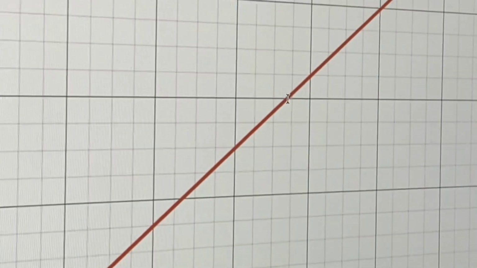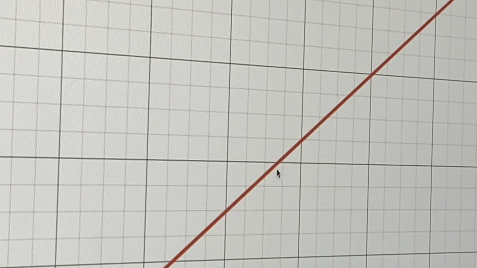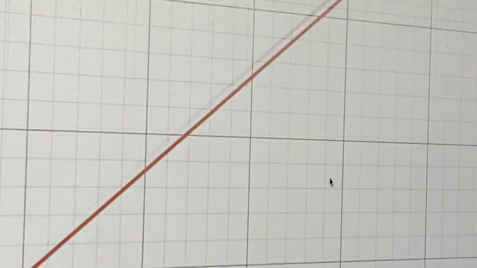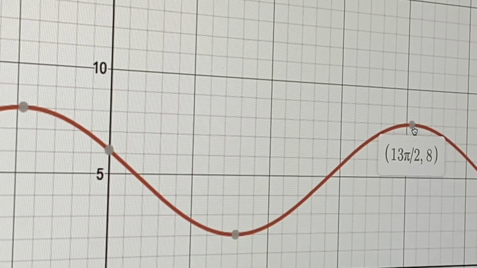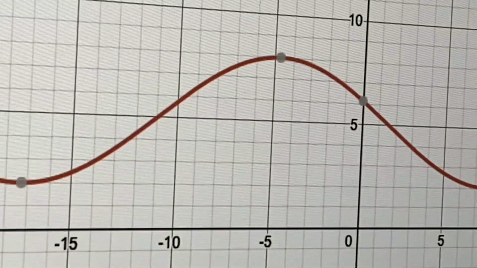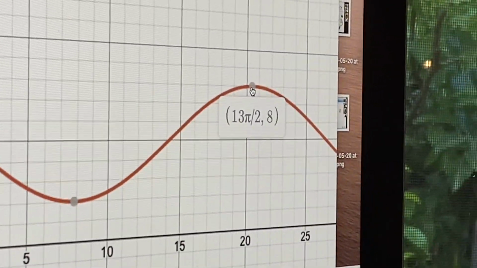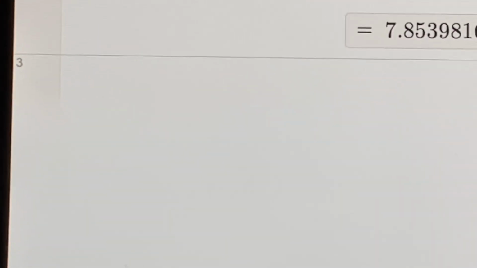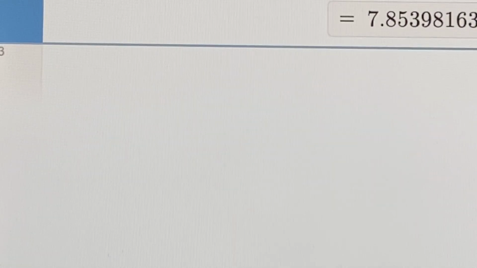And this one, 20.41 and 8. Let's look for 8 here. Oh, 13 pi divided by 2. We have seen 8. Now let's see how much 13 pi divided by 2 is.